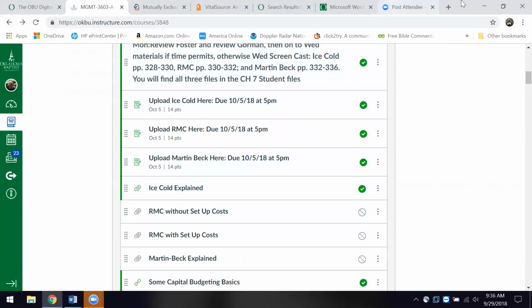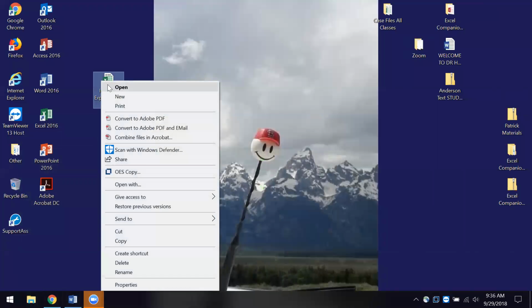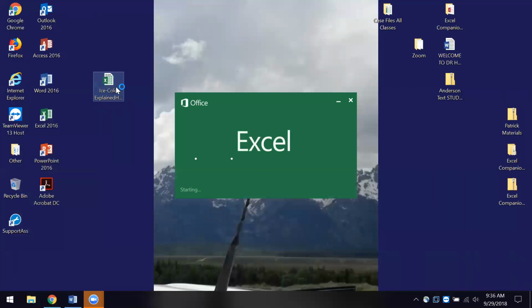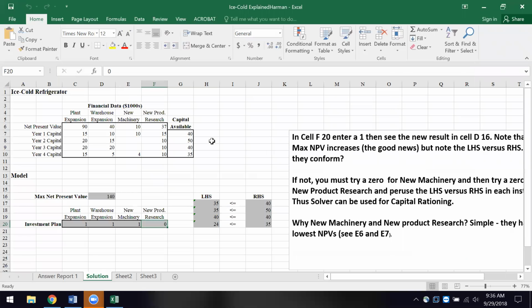Again, just so you see this, I'm going to open the file up one more time. And we'll see, and they've got that verbiage where we played with it. All right, here's the deal. This is the NPV that we can get if we pursue these projects.